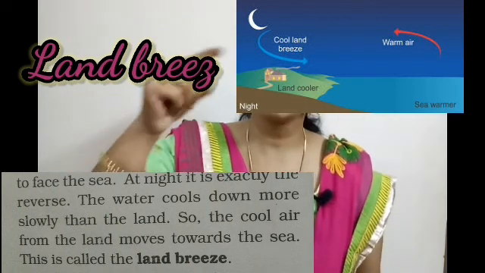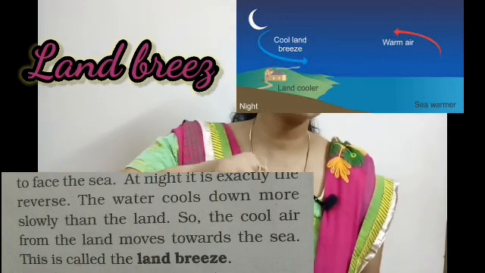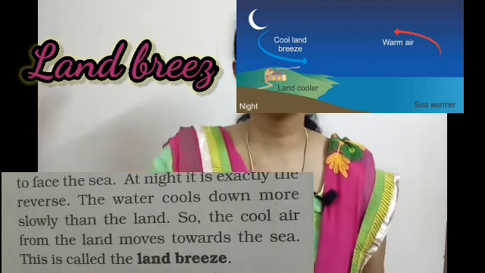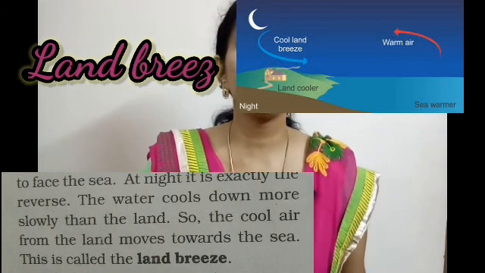Just opposite. In sea breeze, cool air goes from the sea to the land. But in land breeze, cool air goes from the land to the sea. That is land breeze. Land breeze is just opposite to sea breeze.